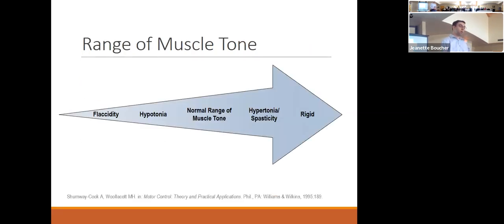Okay, so I don't want to get too scientific, but one thing that patients will commonly ask is why are my muscles getting tight? A very basic explanation is that when we have a stroke, we have injury to our brain, and some of our reflexes that control our muscles, both in our central nervous system and then peripherally, are injured.